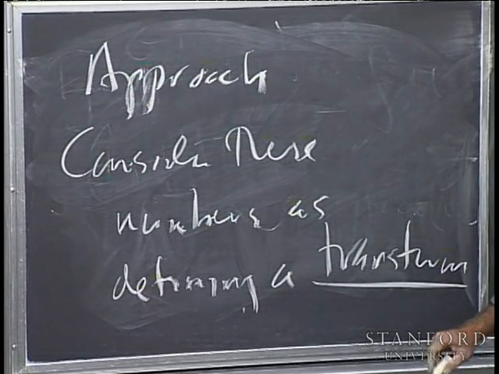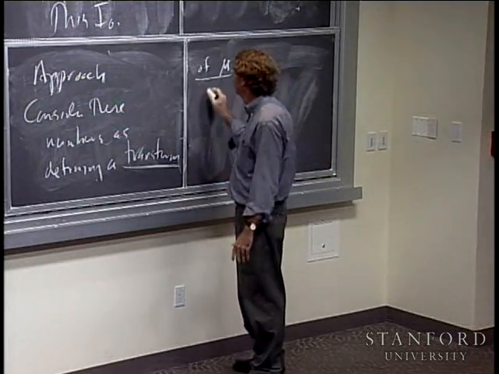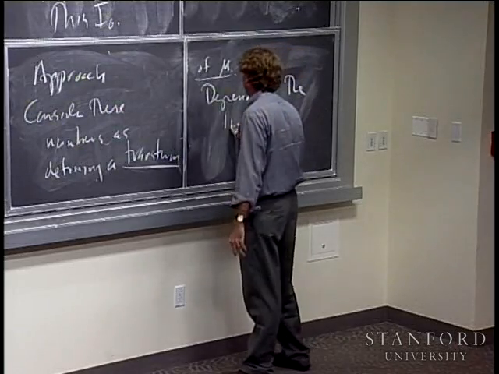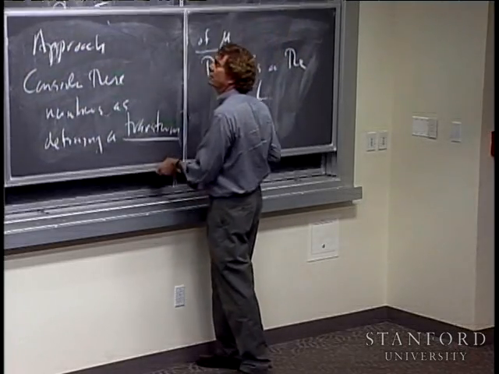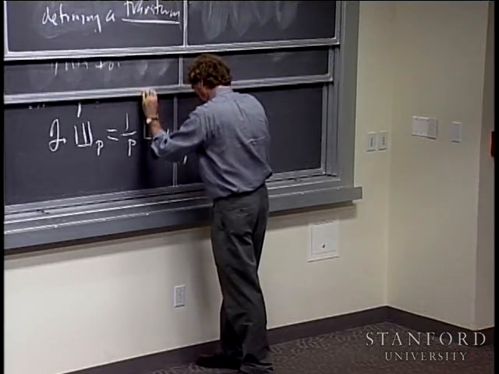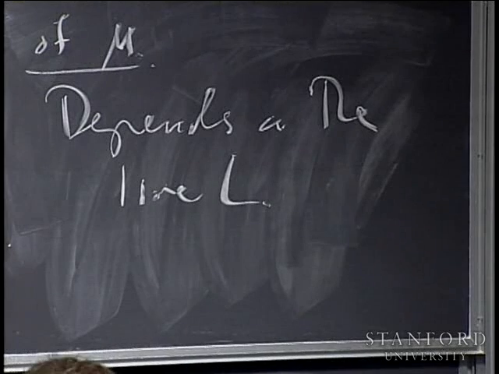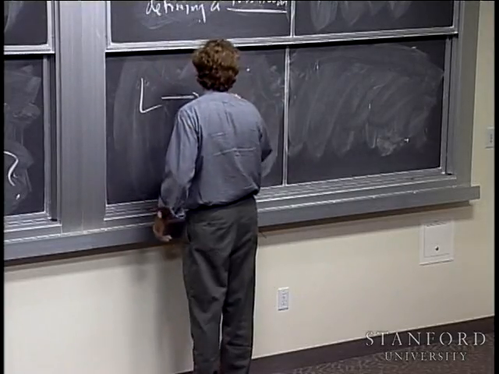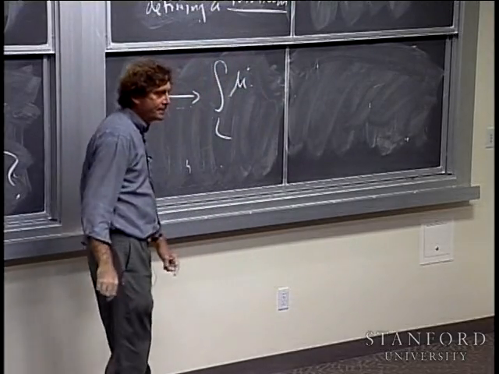The number depends on the line. So starting with a line L, you compute the number, the integral of mu along L. L, that's a line, goes to the integral over L of mu. That's a number.